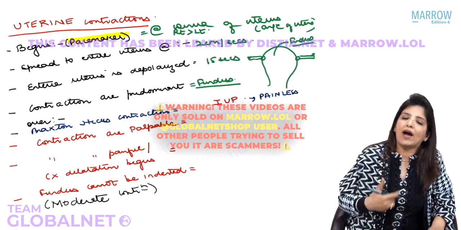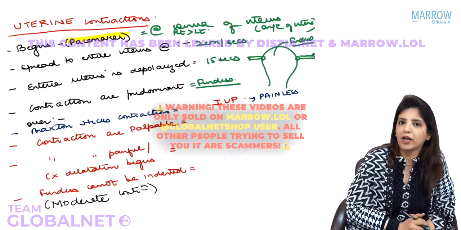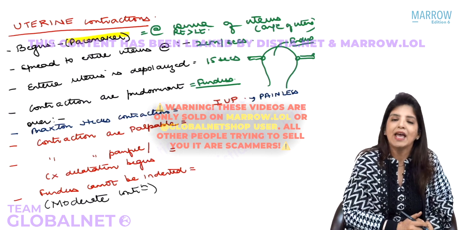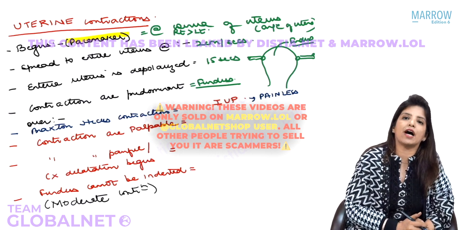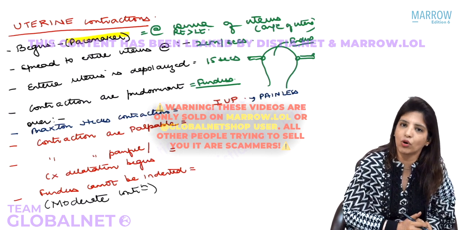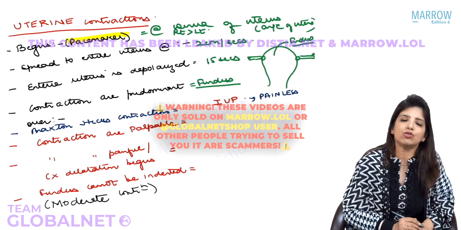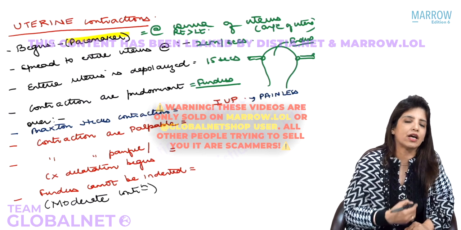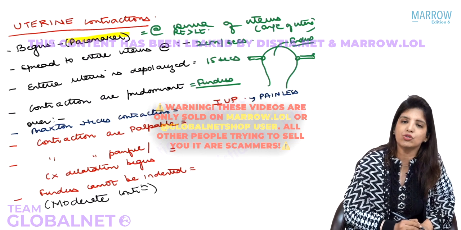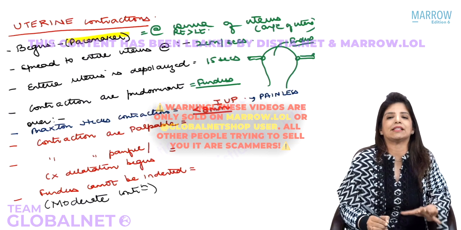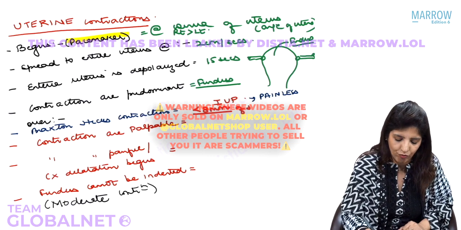Now, as I was telling you, throughout pregnancy there are some painless contractions, and these painless contractions are called Braxton Hicks contractions. If I ask you what the intrauterine pressure is at the time of Braxton Hicks contractions, it is generally less than 8 millimeters of mercury.